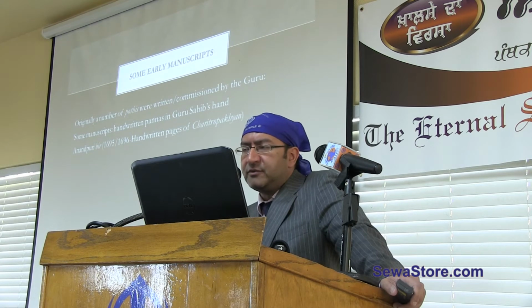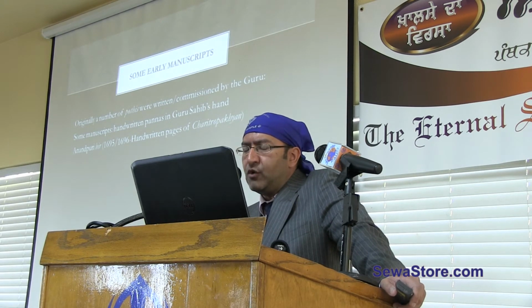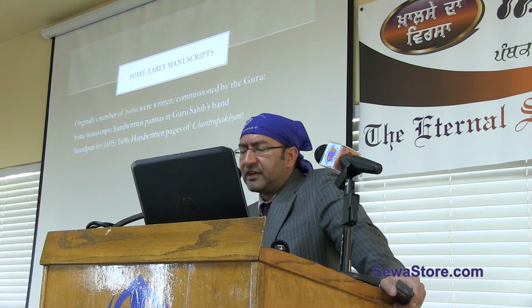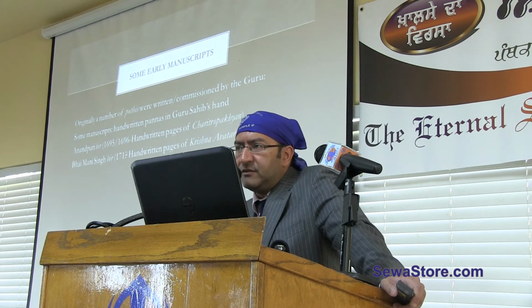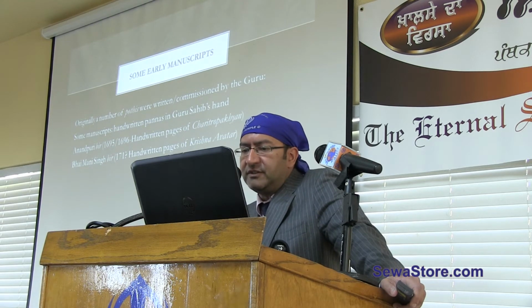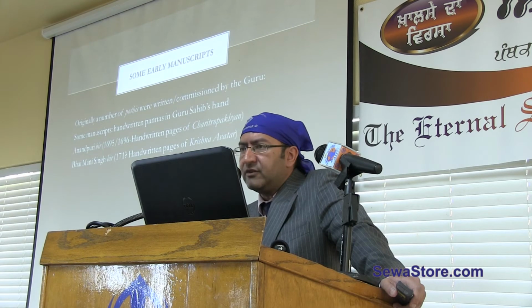For those who don't seem to understand or accept the actual section referred to as Charitropakhyan, there are actual handwritten pages of Guru Gobind Singh of Charitropakhyan. The Bhai Mani Singh Bir, written just slightly over the 1700s, contains the handwritten pages of Krishna Avatar, again in the hand of Guru Gobind Singh.